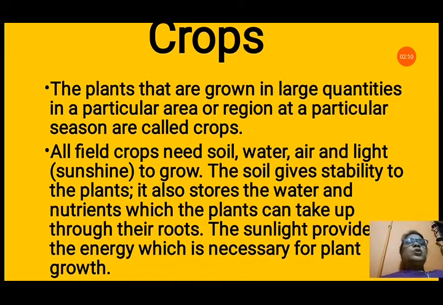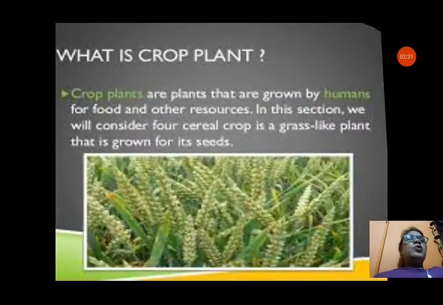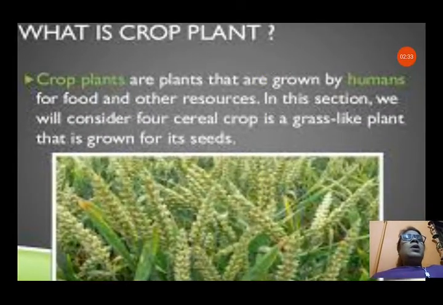It also stores the water and nutrients which plants take up through their roots. The sunshine provides the energy necessary for plant growth. With that energy, green plants make their food. So it is all important for the growth of the plant.